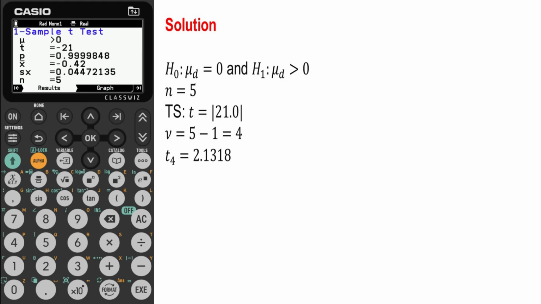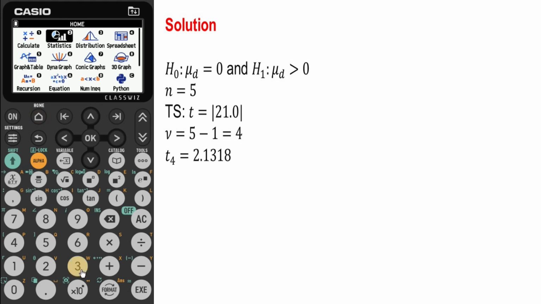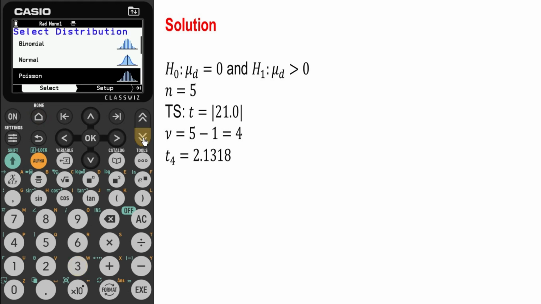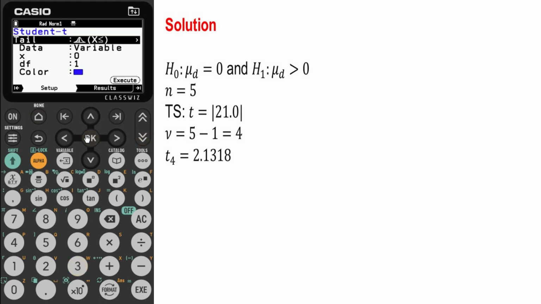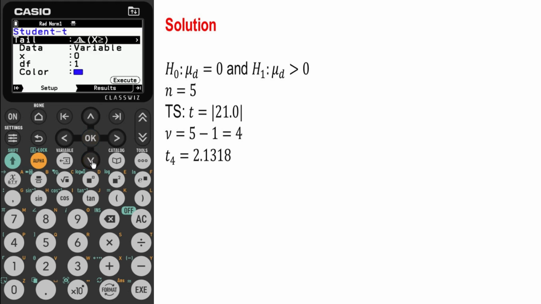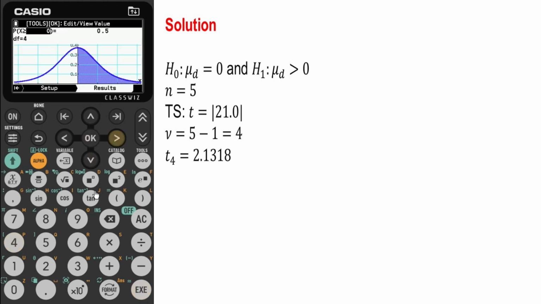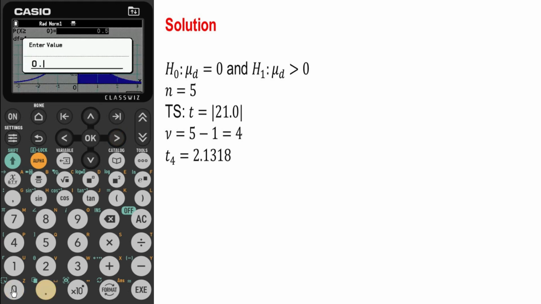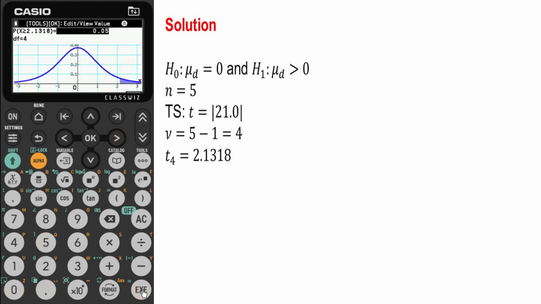We can now calculate t with 4 degrees of freedom. If we go to the distribution application, we have a student t. Let's select the appropriate tail. We have 4 degrees of freedom. And we have a 5% level of significance.